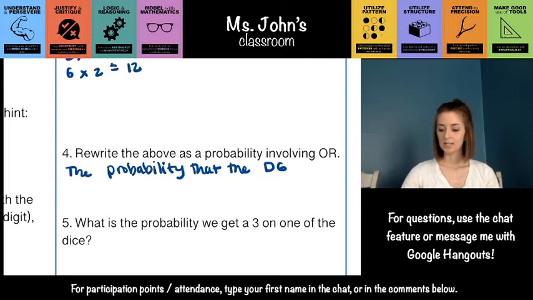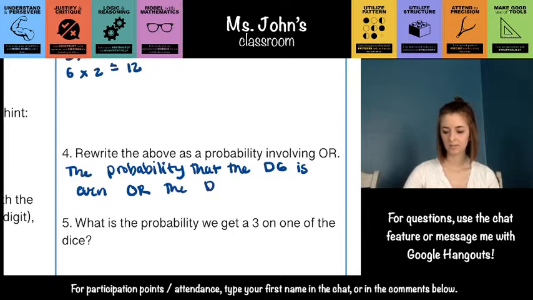But the D6 is even, or the D4 is even. Do you see that? Because if either of them are even, then the product is going to be even. If they're both even, that's great too. The product is going to be even. The only time that they're not going to be even is if both of them are odd.